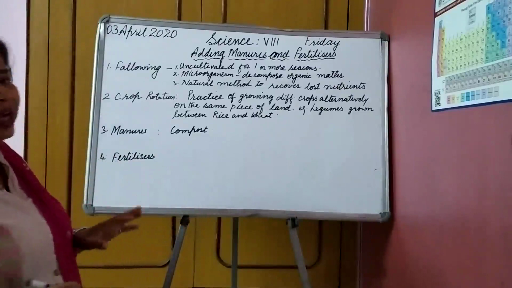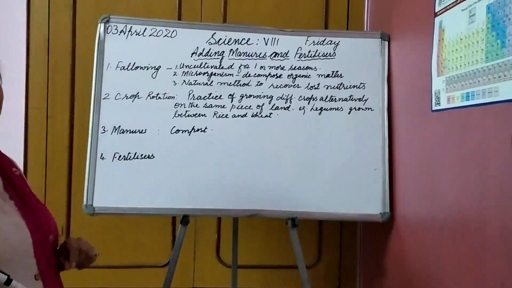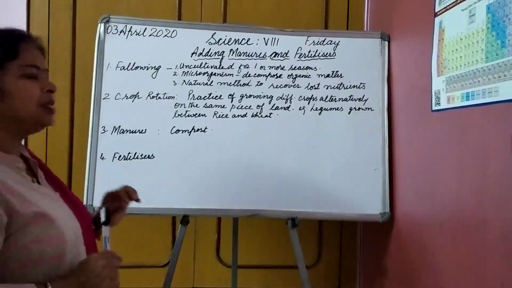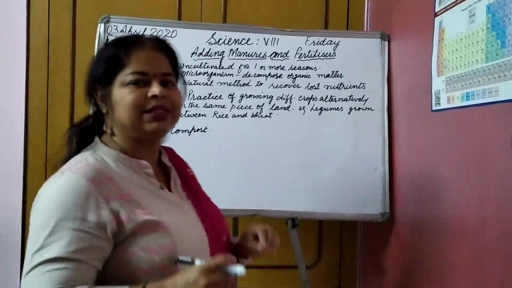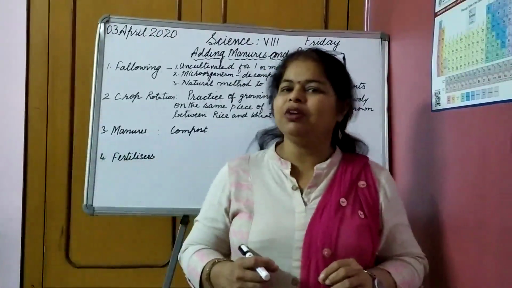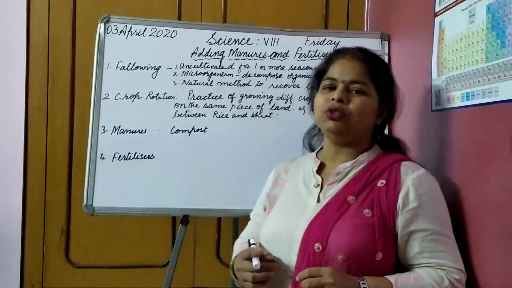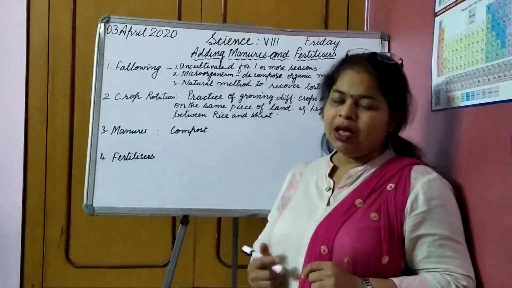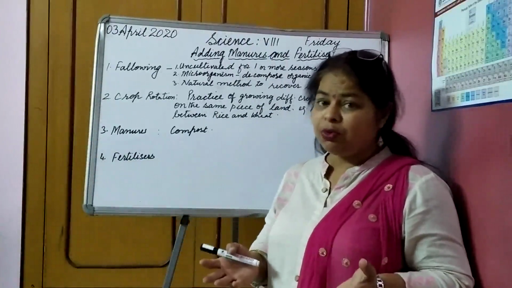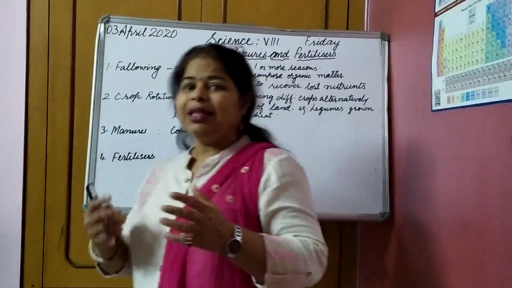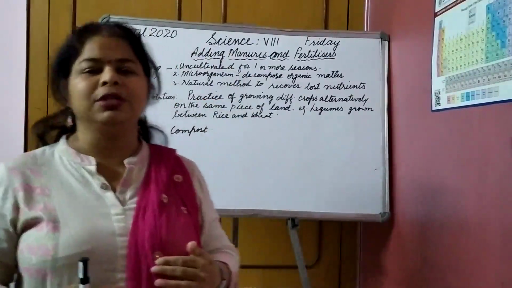Now when they are leaving it empty, what is happening? In the due course of time, some microorganisms that are present in the soil decompose the organic matter. When the organic matter is decomposed, it gets converted into humus.